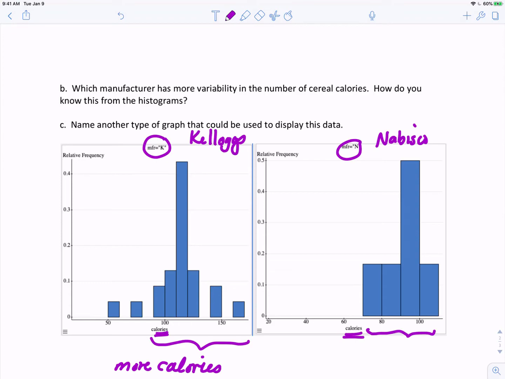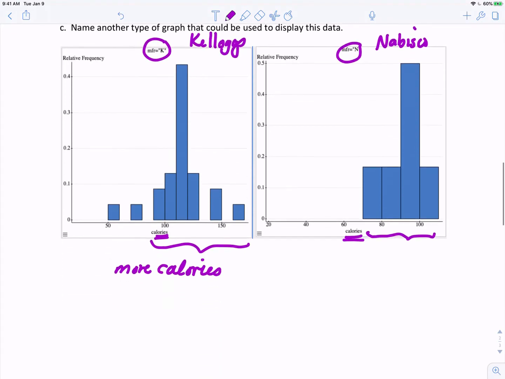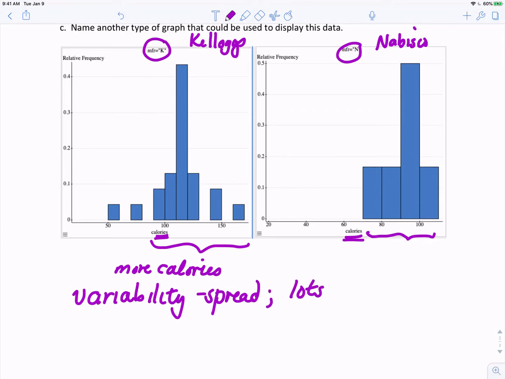What manufacturer has more variability in the number of calories, and how do you know this from the histogram? So remember, variability is a measure of spread. So what you're looking for is lots of data values that are spread out.